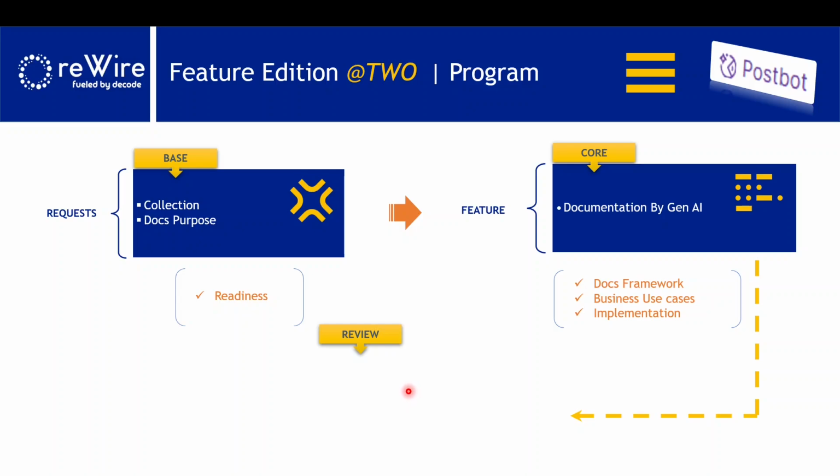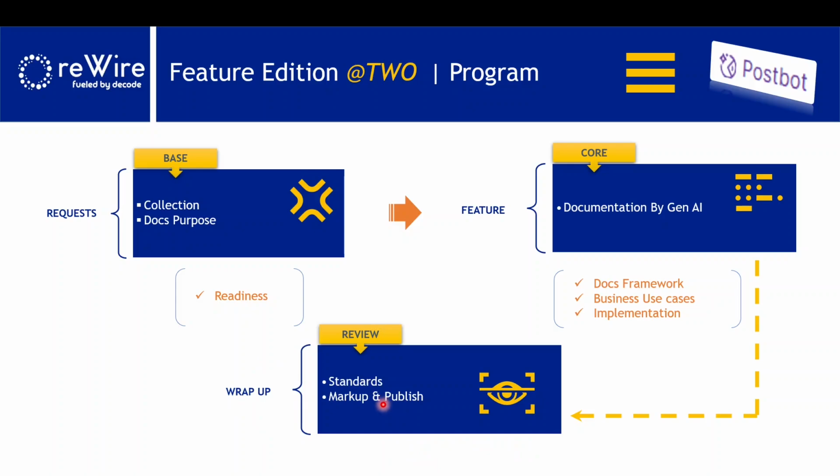It's not just about the Postbot; it applies to any generative AI assistant. If you are using it, you have to implement this review process. Specific to API documentation, I have listed a few standards while reviewing, covering what needs to be included so that the documentation has complete information about that particular endpoint.